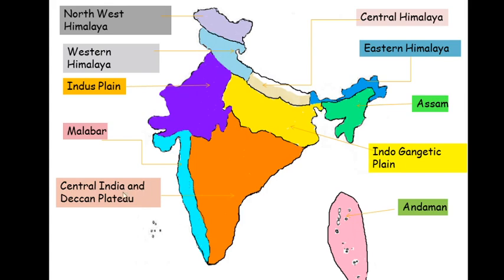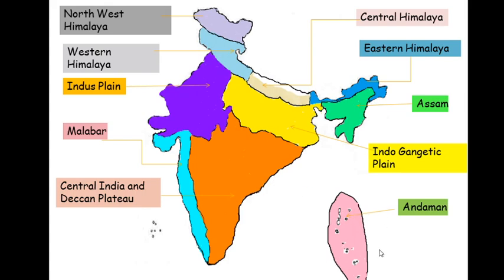Okay. Then comes Central India and Deccan Plateau. There are many different states included here, starting from Orissa, then Andhra Pradesh, Tamil Nadu, MP and Jharkhand. So these are the states included here. This is known as the Central India and Deccan Plateau floristic zone, the largest floristic zone in our country.